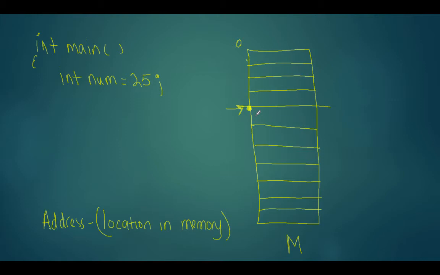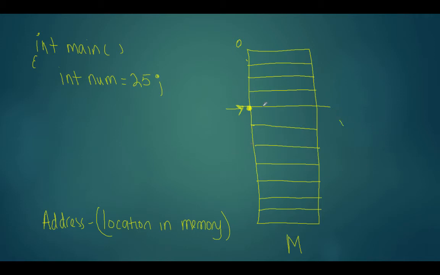If I execute the same program that you just executed a few minutes ago on your computer, that variable num is going to be at a different location. It's always going to be somewhere else because there's all kinds of different things going on in a computer, and it's part of the job of your operating system to manage that.